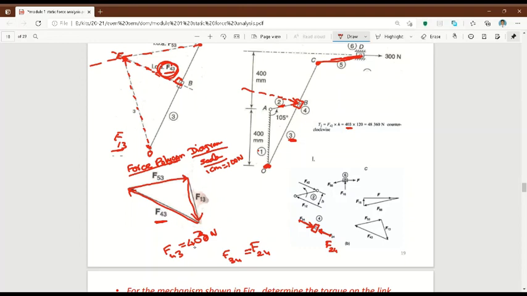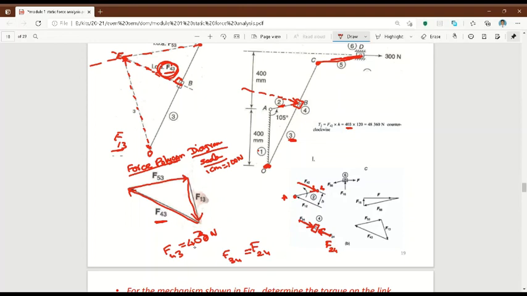Okay, now let us take the last link. Last link is AB. Draw a parallel line to AB. I have drawn the parallel line. On B, F24 is acting. If it is acting this side, draw the parallel line on this side.